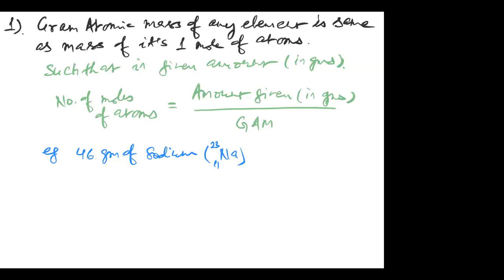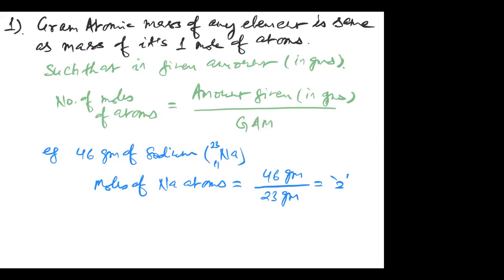So in this case, moles of sodium atoms should be equal to 46 gram given as the mass divided by 23 gram, and it comes out to be 2 moles of sodium atom.